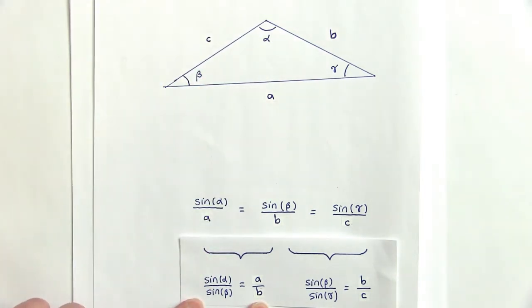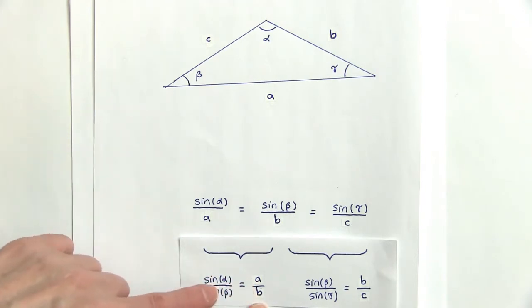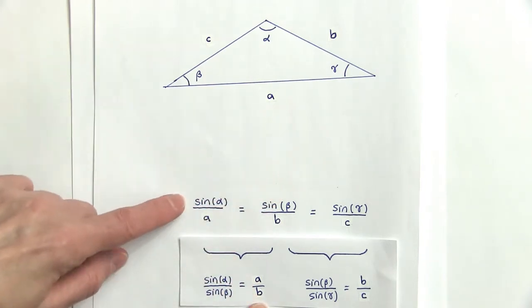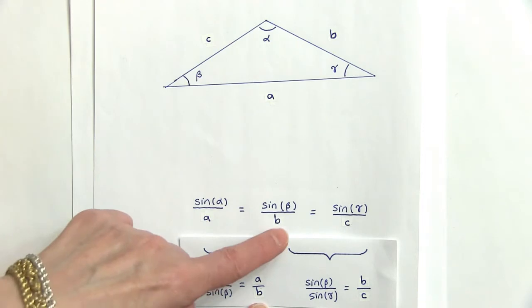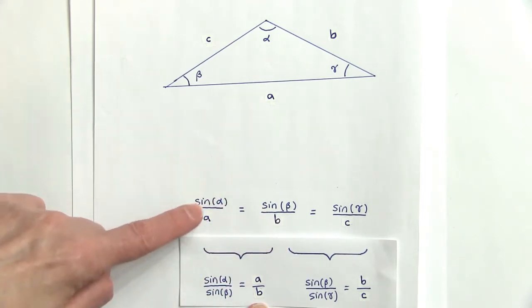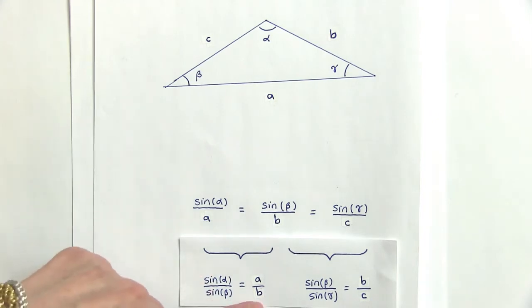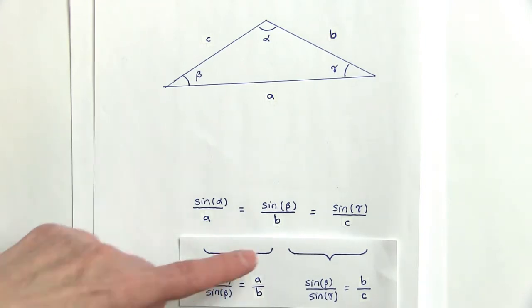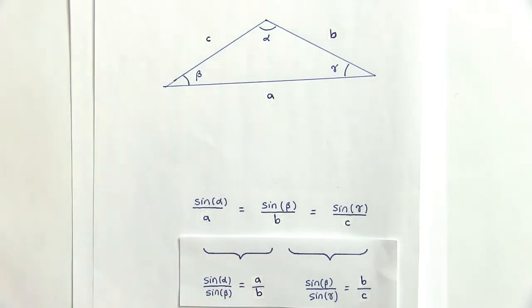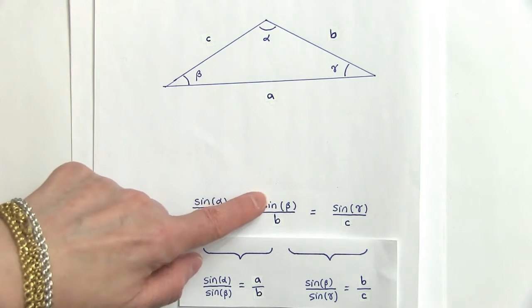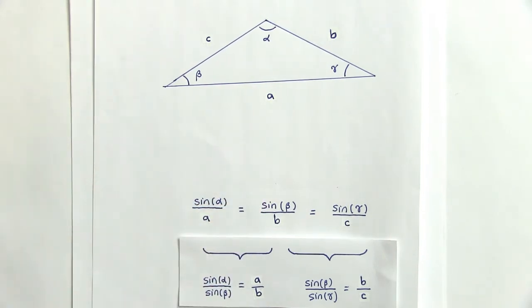We can see that's true because each of these equations cross multiplies to the same thing: b times sine of alpha is a times sine of beta. So we can rewrite this equation this way if we want.